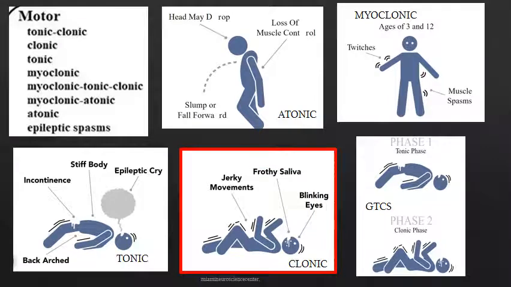Next, you have the purely clonic type with alternate contraction and relaxation of the upper and lower limbs, as well as the rest of the body, which presents as the typical jerky movements that you see in a seizure. They can have frothing of saliva at the mouth and blinking of the eyes.